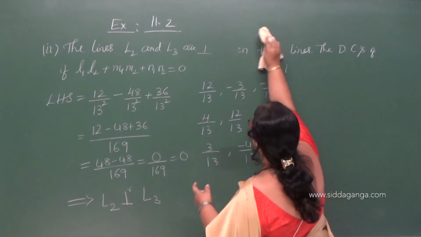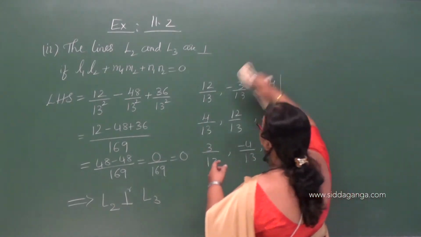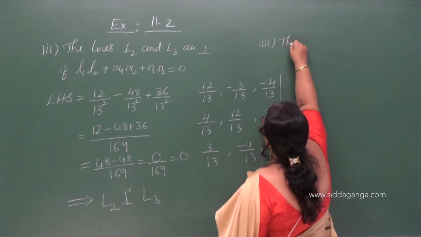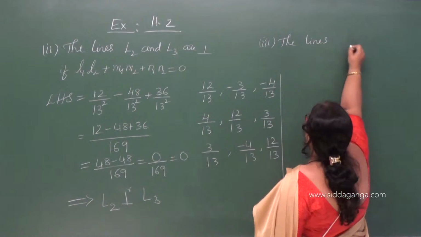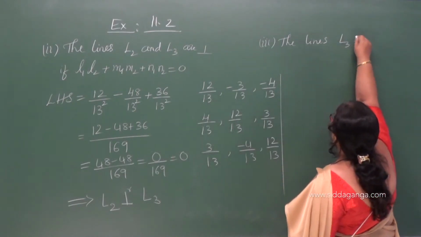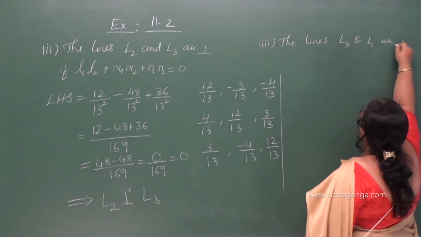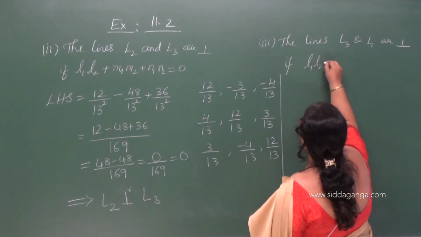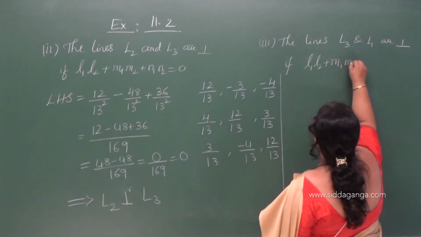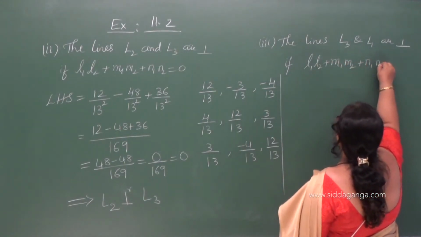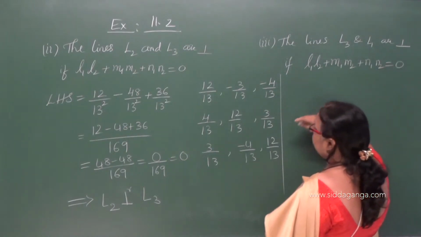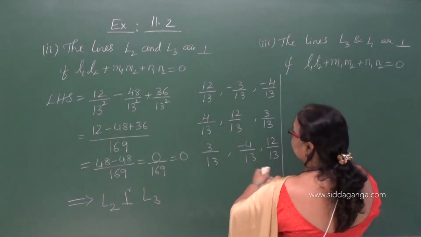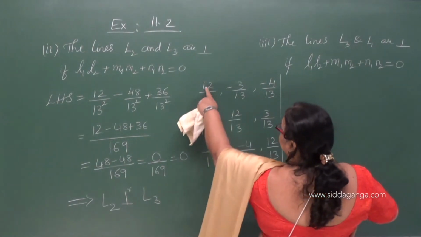So subdivision 3, the lines L3 and L1 are perpendicular if L1 L2 plus M1 M2 plus N1 N2 equal to 0. Multiplying the third line cosines with the first line cosines, 12 into 3.